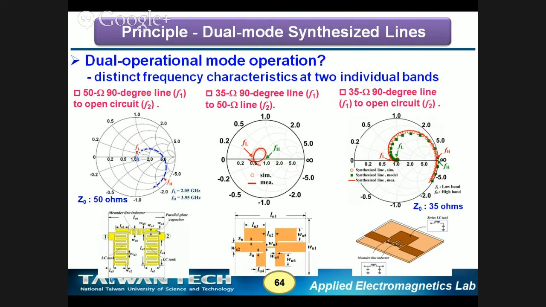Then we always start our design using ADS, not HFSS or CST, and using ideal components. Ideal components means components without loss. Just forget about loss.